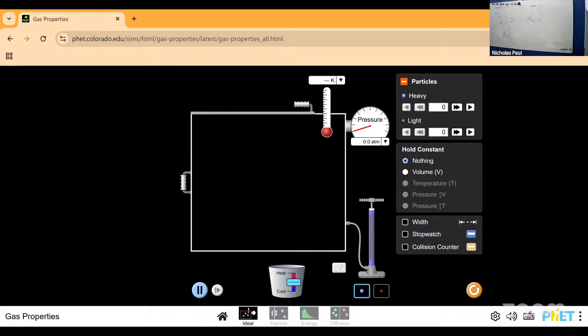Okay, nice. So our focus today is to focus on how gas particles really behave, right? So look at this simulation.